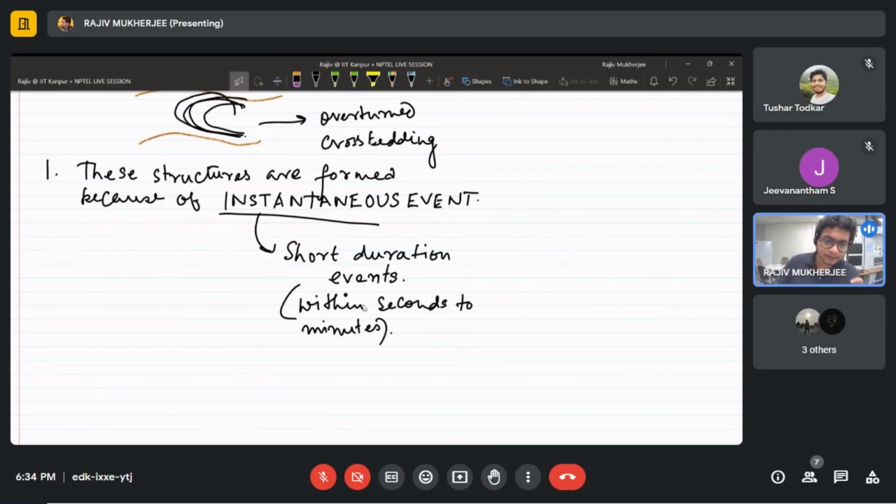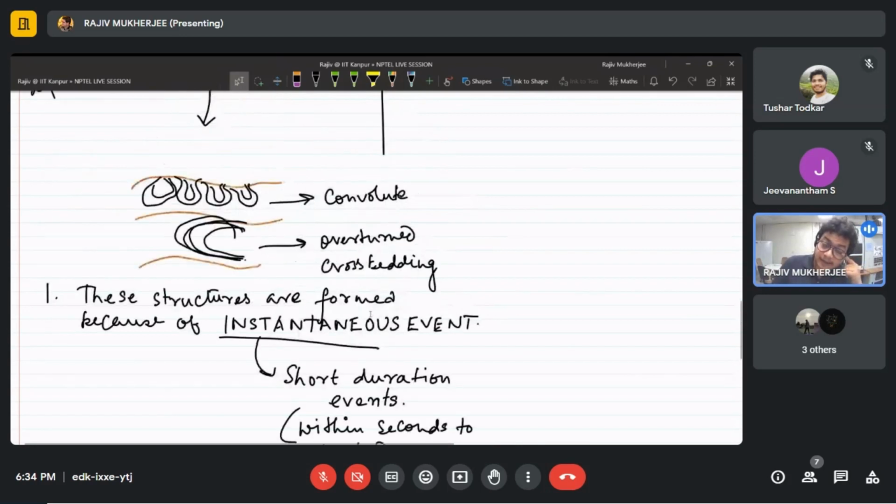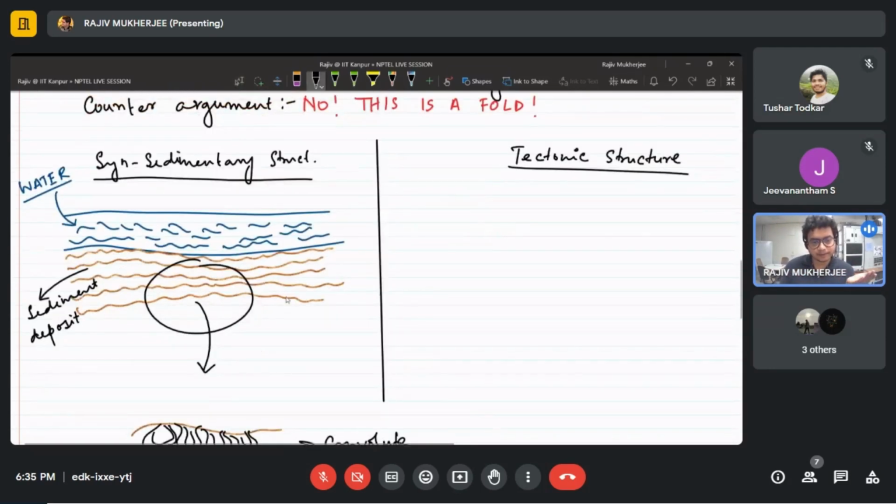So because of this very short duration, the disturbance created because of this external tremor or earthquake or shaking should only restrict itself to some few layers, right? Because say for example in this layer, while the layer was depositing, there was no event. So the sediments all deposited horizontally, perfectly flat, without any kind of disturbance. Same goes for this one, same goes for this one.